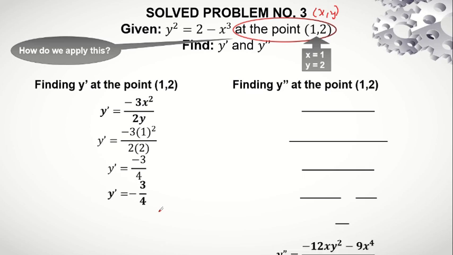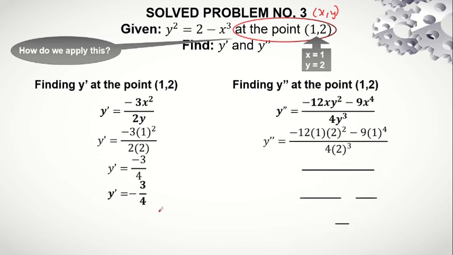How about the second derivative? Ito, mahaba-haba to. Ngayon, 1, 2, 1, 2. Ngayon, paano to? So, what is the square of 2? 4 times 1, 4. Then 9 times 1 to the 4th. 1 times 1 times 1 times 1. 4 pa din. Diba? Next, 4 pa rin. 1 rather.